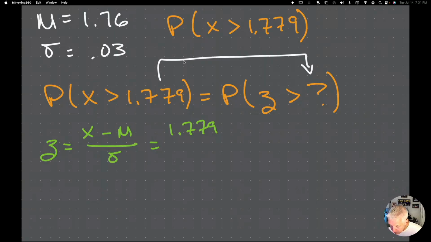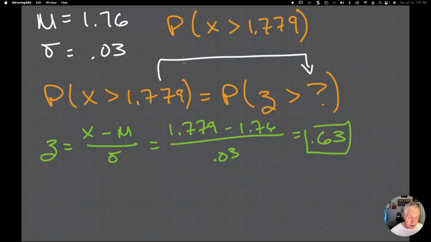So you got 1.779 subtract 1.76 divided by 0.03. I'm just going to go 0.63. So there's the z-score.